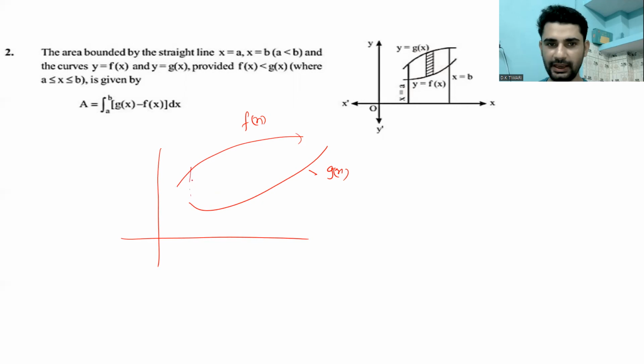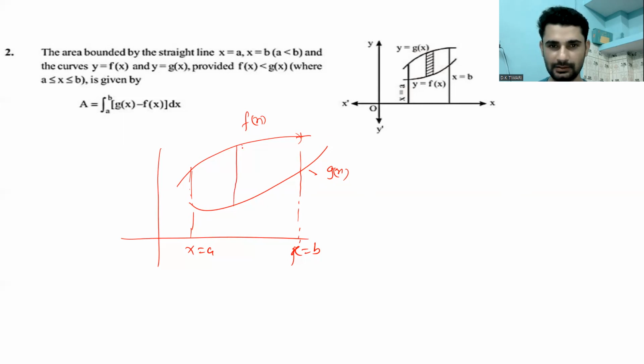In order to find the area between x equal to a and x equal to b, how do we find it? We use the same concept to find the area.